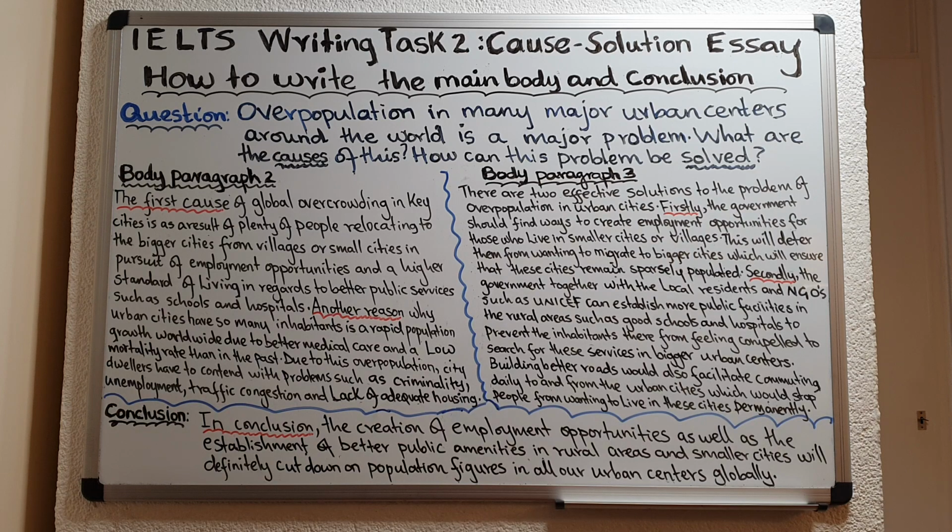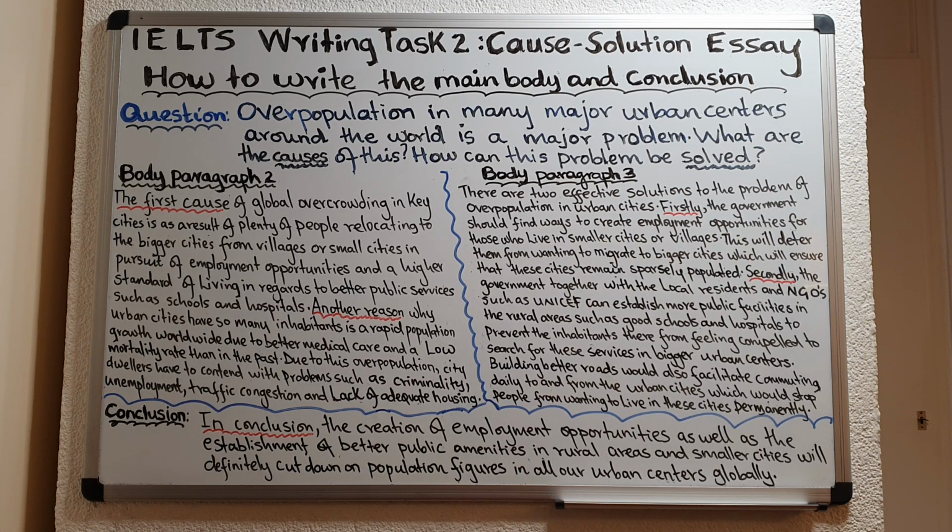So that is the first solution, that the government should create employment opportunities for those who live in smaller cities or villages. And when they do that, this will deter, it will stop them from wanting to migrate to bigger cities, which will ensure that these cities remain sparsely populated.